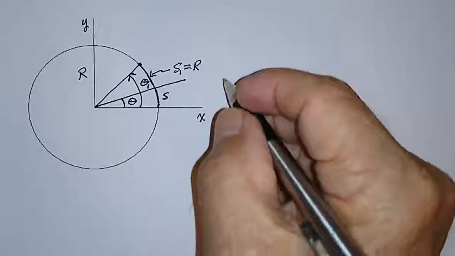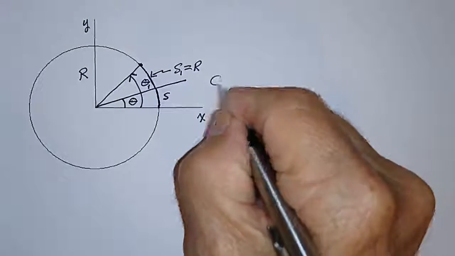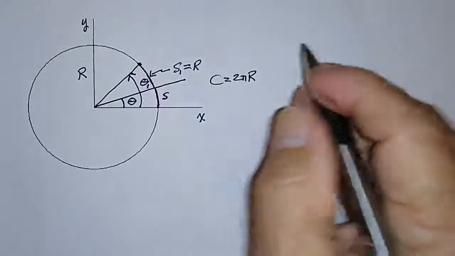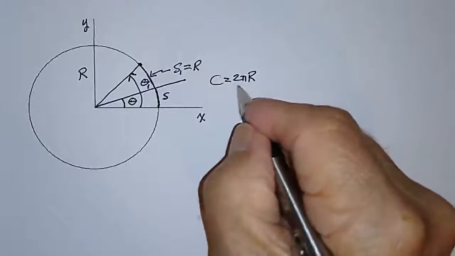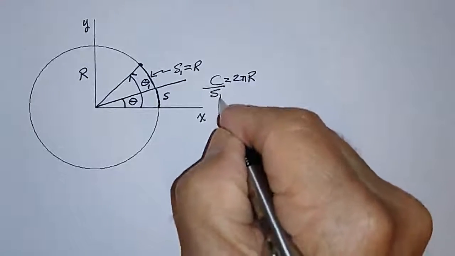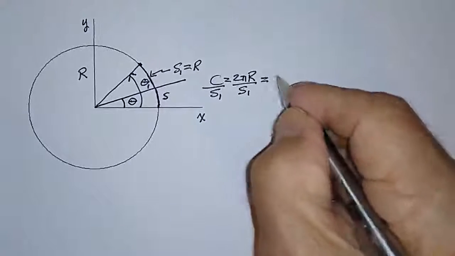We can figure that out easily by writing that the circumference is equal to 2 pi r. And if we divide the circumference by S1, how many times will S1 go into the circumference?